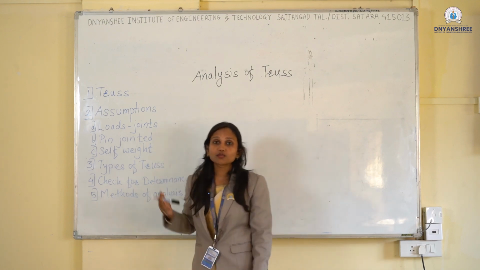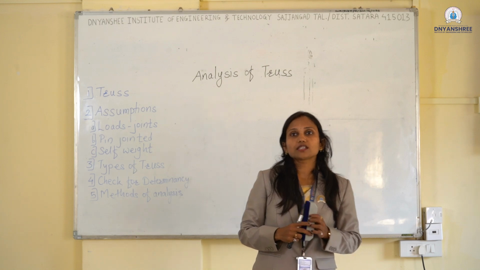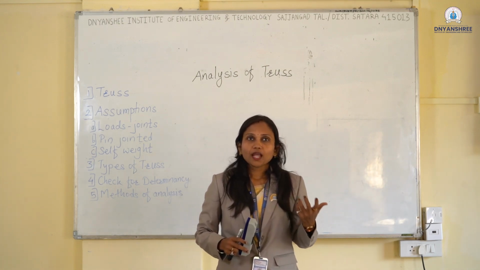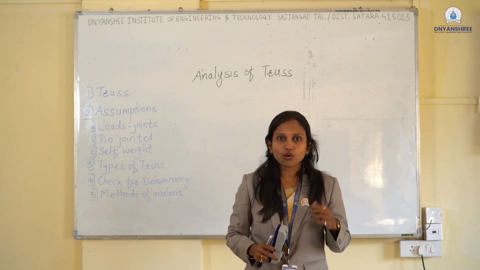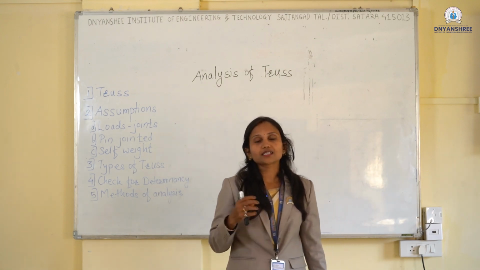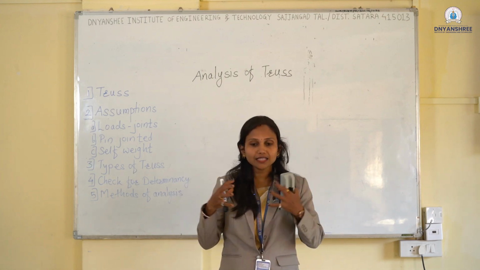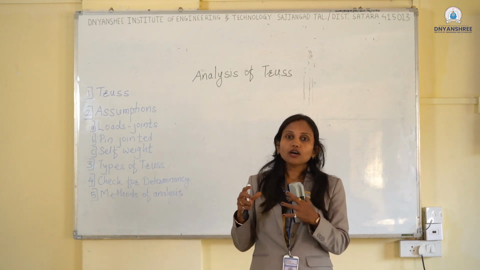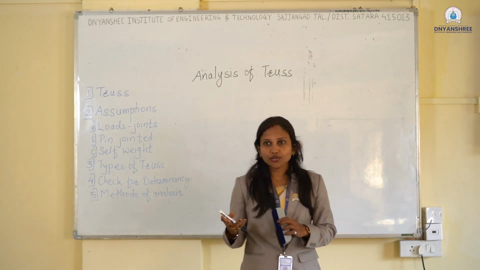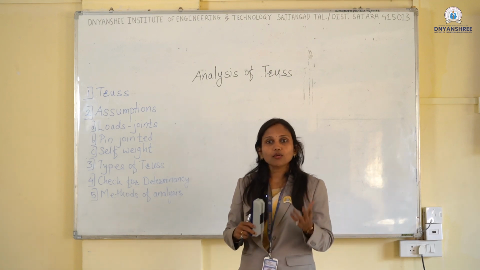Now let us see what is meant by truss. I think you have seen a truss, but sometimes we do not analyze it; this is known as a truss. A truss is a simple assembly, a framework composed of members joined at their ends to form a rigid structure. These joints may be pin jointed, welded, riveted or bolted.